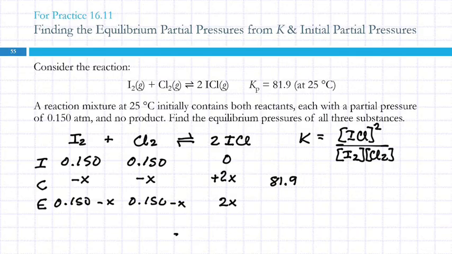We can do that. Thankfully, they didn't make us do that here. So ICl is that guy, 2x squared. And then I2 is 0.150 minus x. And Cl2 is also 0.150 minus x. You can write them out, or you can just put them in there squared.